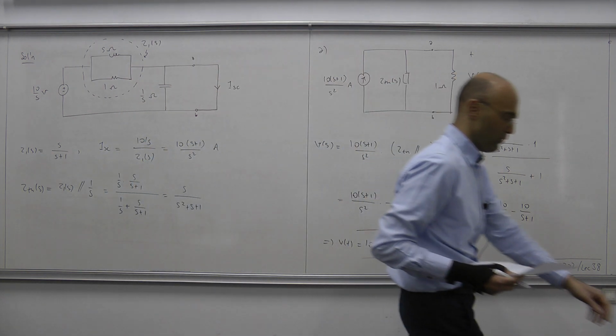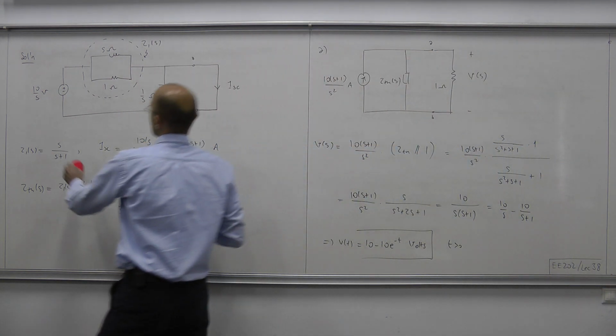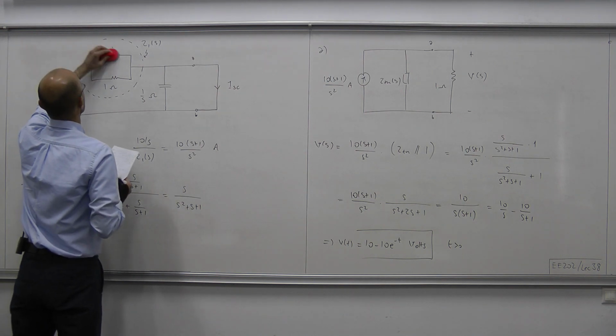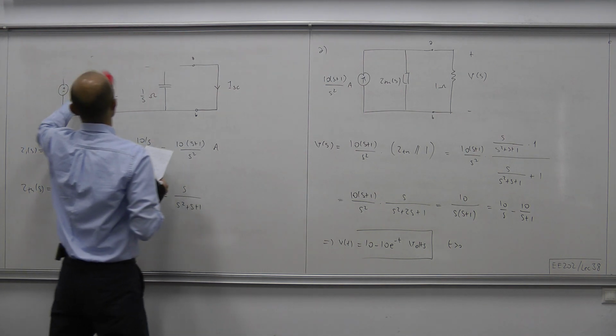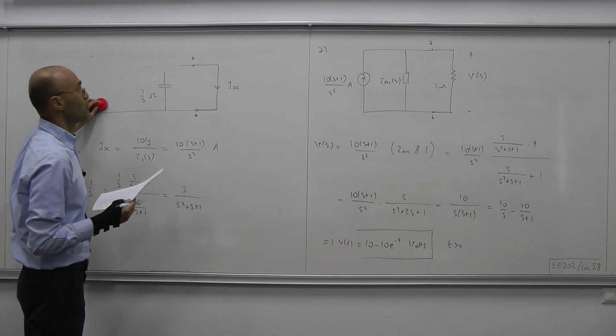Okay, now in the second situation, the load is a 1 farad capacitor. So that produces the following circuit, which we can easily solve because we have the Norton equivalent circuit.